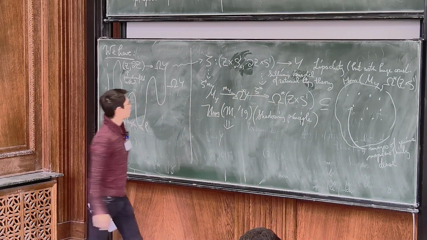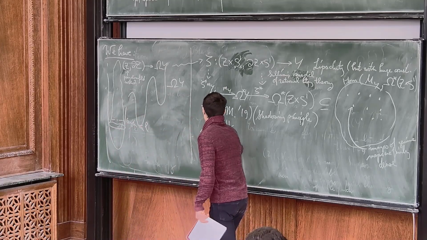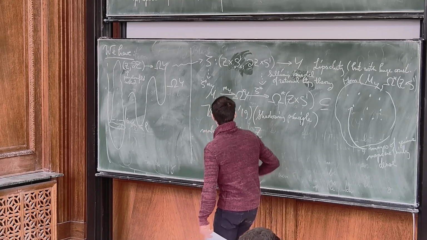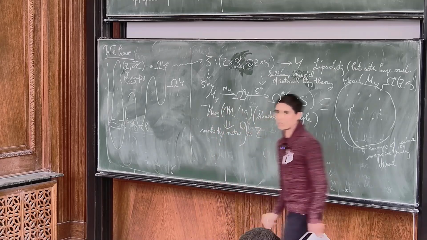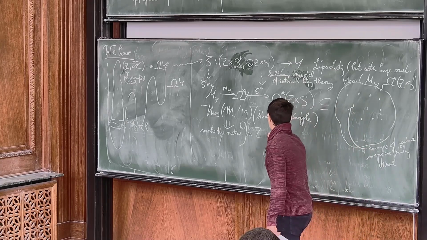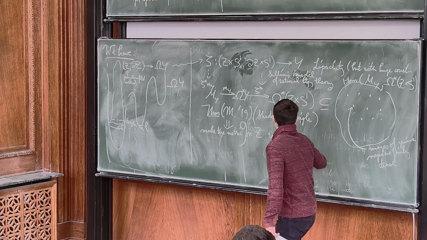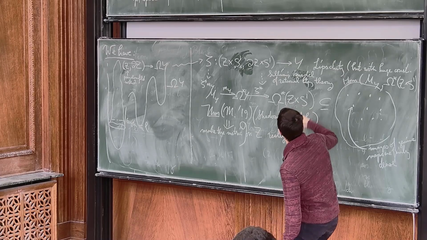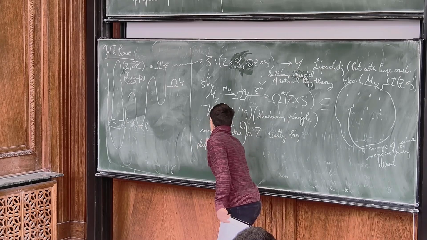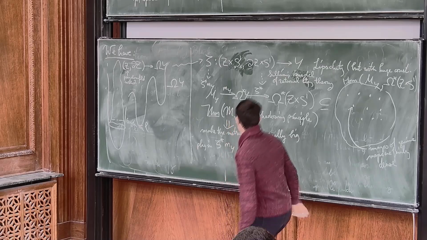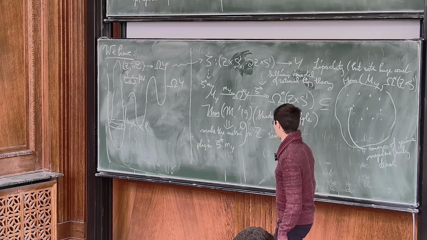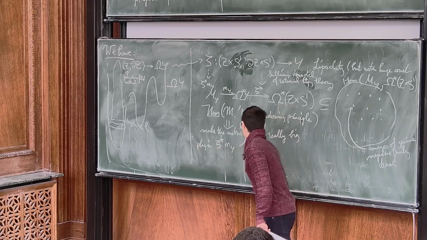And so what we can do is make the metric on Z, let me call it G, really big. And you know, plugging in this homomorphism into the theorem, right?